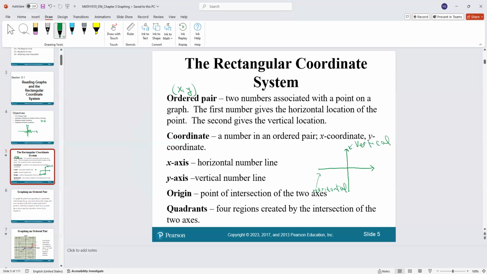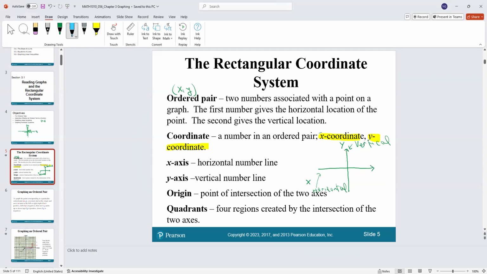For the vertical one, we call it y. For the horizontal one, we call it x. Remember, x always comes before y. The second coordinate gives the vertical location. A number in an ordered pair: x coordinate, y coordinate. We call the x-axis the whole horizontal number line, and the y-axis is the vertical line.